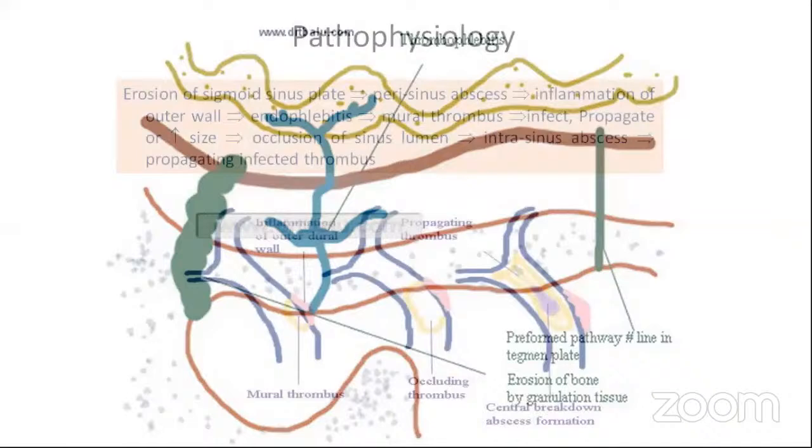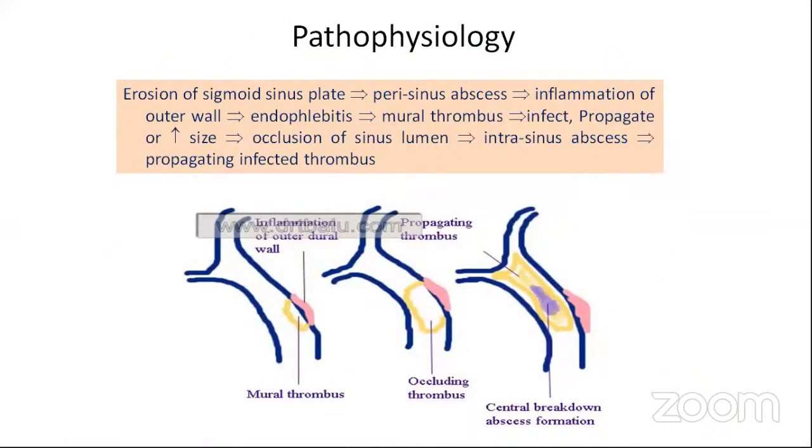When there is erosion of the sigmoid sinus plate, the formation of a perisinus abscess occurs, and that causes inflammation of the outer wall. Later, from the outer wall, it spreads to form endophlebitis, and that reaches the mural thrombus. There will be thrombus formation inside the sinus, and that also gets infected.